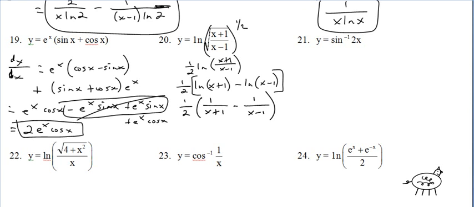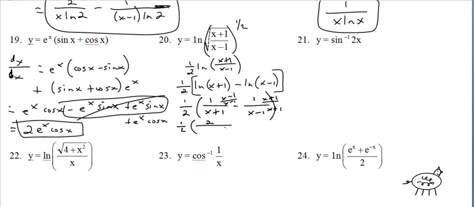So I can actually kind of simplify this a little bit. It's 1/2, and if I get a common denominator here, do you guys agree? Multiply this by x minus 1 over x minus 1, and this by x plus 1 over x plus 1. So I wind up getting the x's cancel, and I wind up getting a 2 on top.